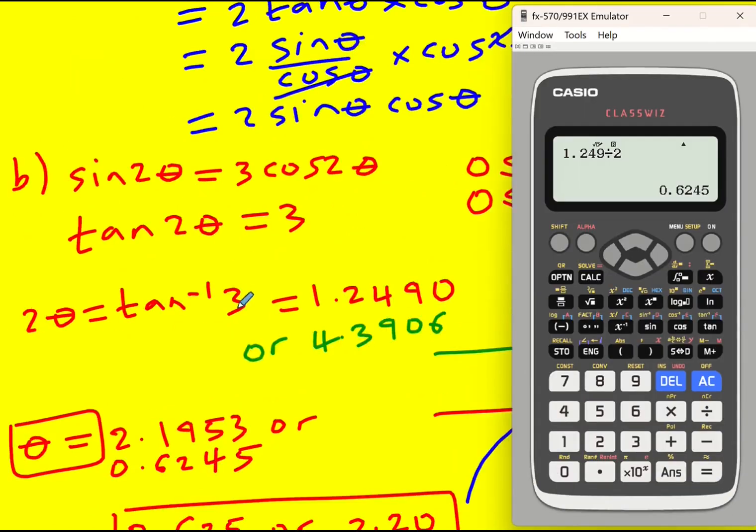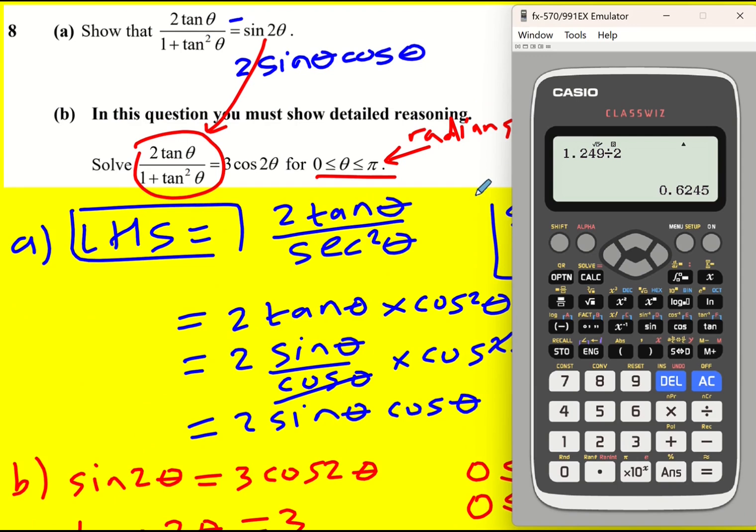One little trick you can do if you want is you could even substitute it back in. So let's say we've got this one here. I can do 2 tan of the answer over 1 plus tan of the answer squared.